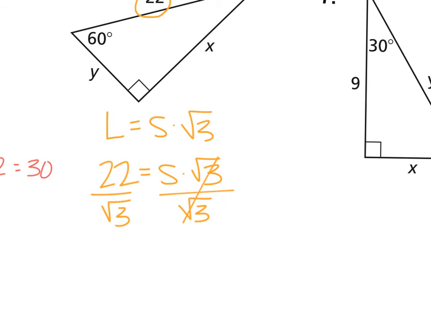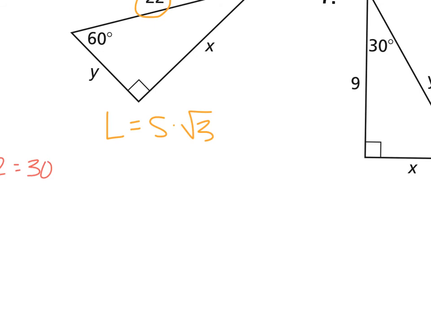So I know that my hypotenuse is equal to the short side times radical 3. Are you with me there? I'm sorry, I looked at the wrong one. I was looking at the 45, 45, 90 triangle. So my bad.